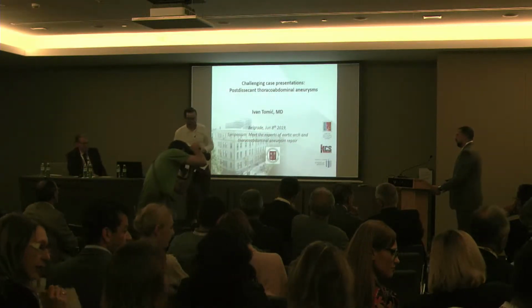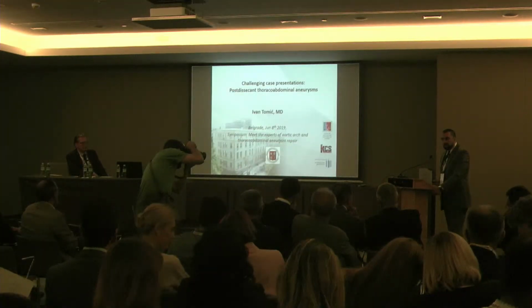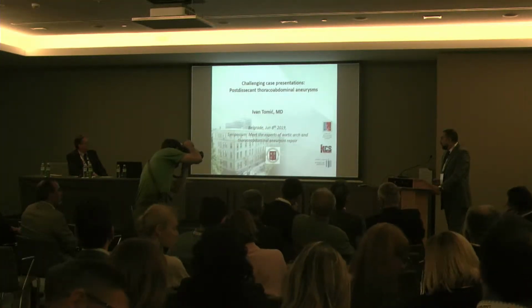Okay, thank you. Dear colleagues, ladies and gentlemen, and distinguished guests, I'll try in the next few minutes to present for the beginning one complex case of post-dissecant thoracoabdominal aneurysm.